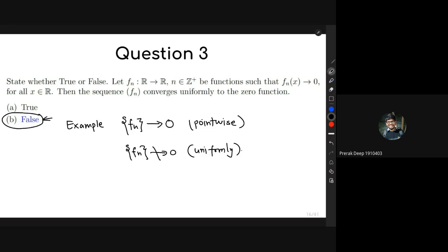That's the example we need to give. And the example we will take is a bit simple.